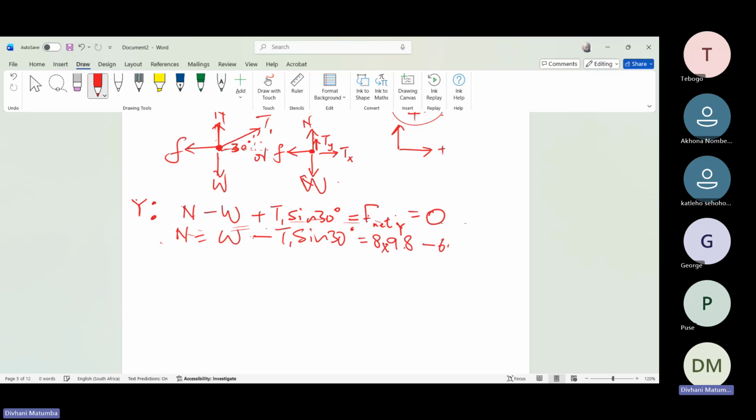So this is 60 sine of 30 degrees. So what do we get? Anyone with a good calculator? Because mine was giving me problems. Okay, 48.4.